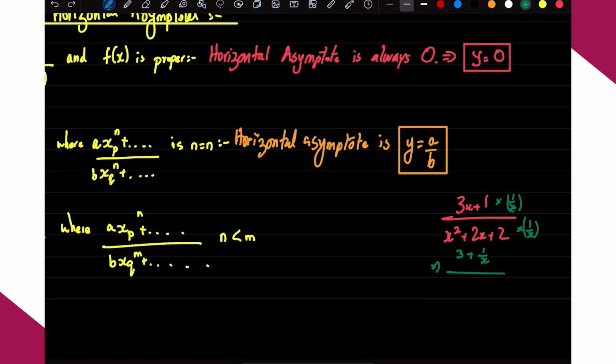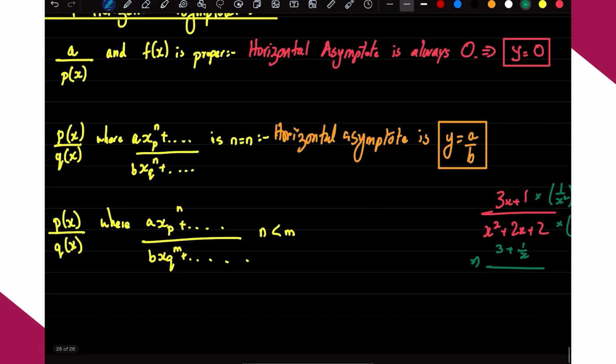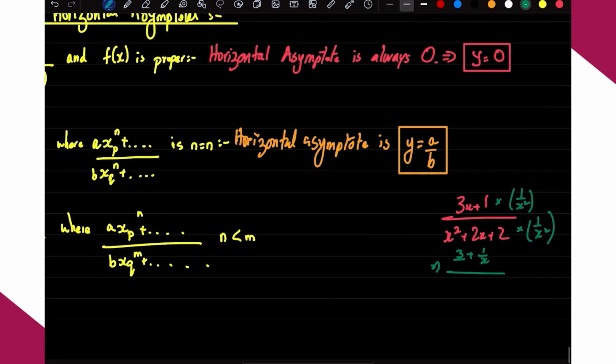So if we were using the highest power of x, let's say we were doing x squared, to remove the square terms completely, we're going to have 3 over x squared. This is totally gone. That's a 1 plus 2 over x plus 2 over x squared. And as x reaches infinity, all of these are going to be approaching 0. This is basically like the different integrations from infinity that we did in mathematics AS, right?